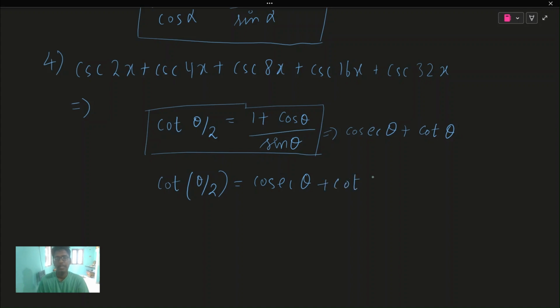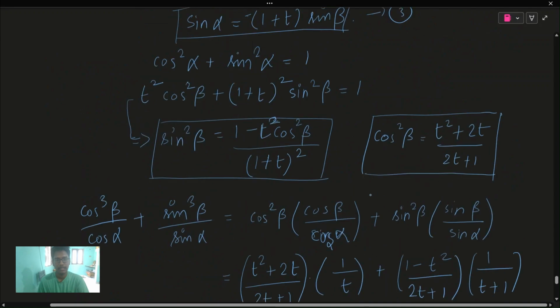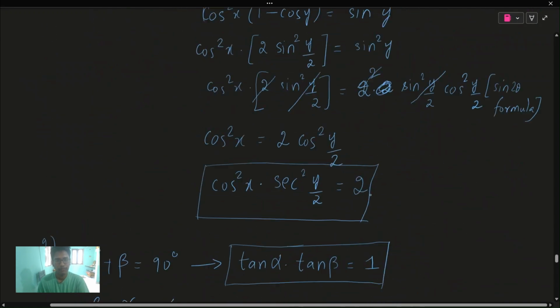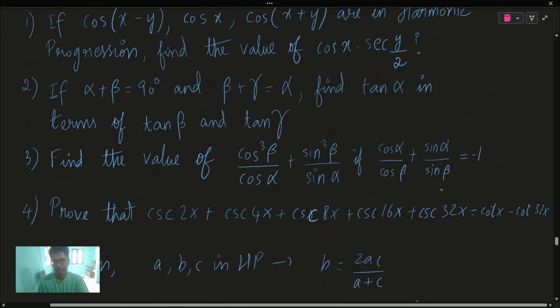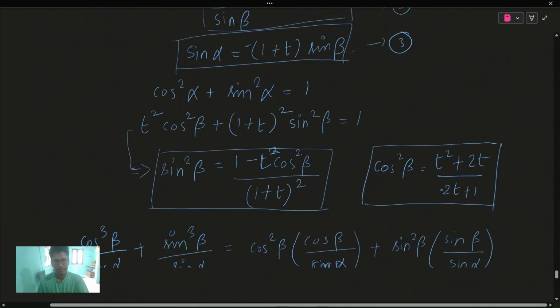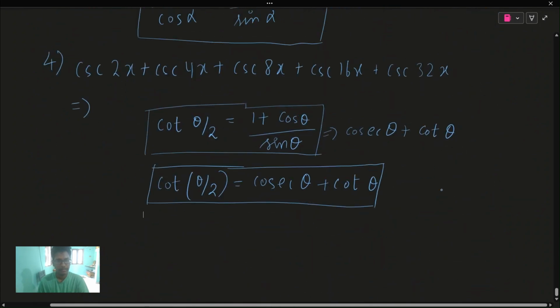You would be amazed why I am introducing this identity here. It's because I want the RHS in terms of cot theta, and the LHS is full of cosecant terms. So I would just substitute this in order to get that.